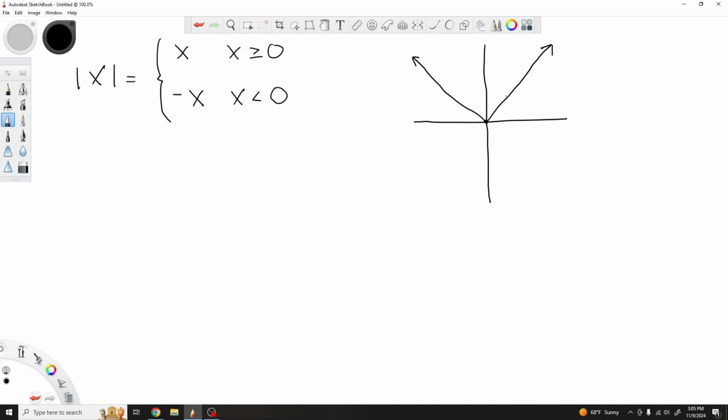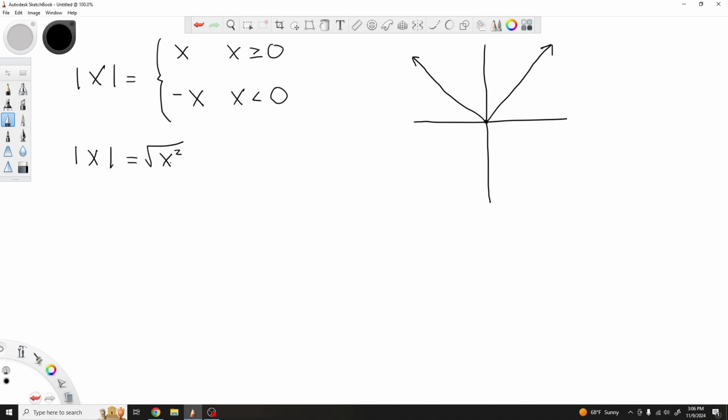Okay, it's nice that we have this piecewise definition, but it'd be even better if we also had an algebraic definition so that we could manipulate this function in different ways. Luckily, there is an algebraic definition. We get that the absolute value of any input is equal to the square root of the input squared for all real numbers.